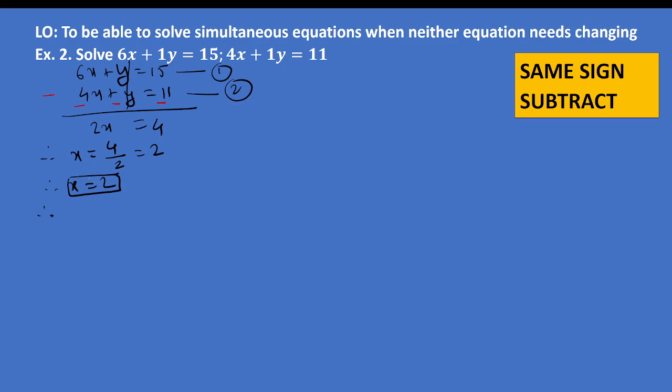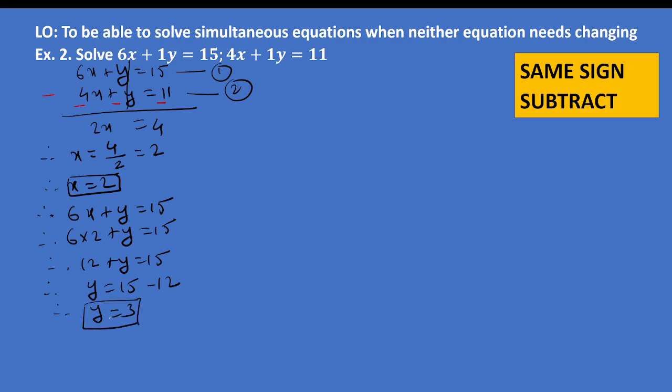Therefore, to get the value of y, I'm going to use equation number 1, which is 6x plus y equals to 15. Therefore 6 into 2 plus y equals to 15. Therefore 12 plus y equals to 15. Therefore y equals to 15 minus 12, which is y equals to 3.